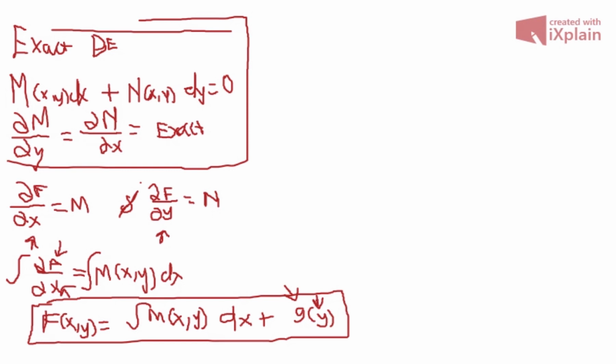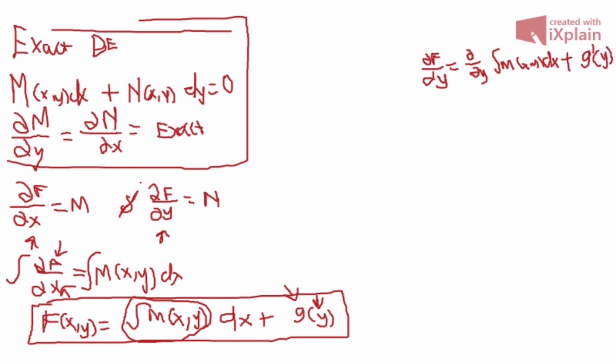So at the left-hand side, we'll have del f over del y, equal to del over del y of the integral of M(x,y) dx. You will see it clearly when we're doing examples. Then the derivative of g of y is just g prime of y.